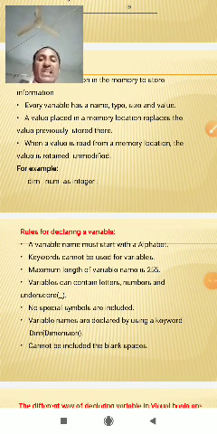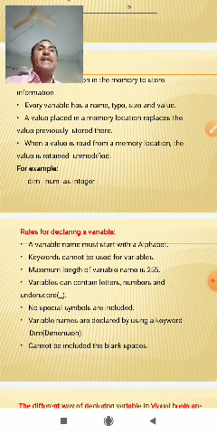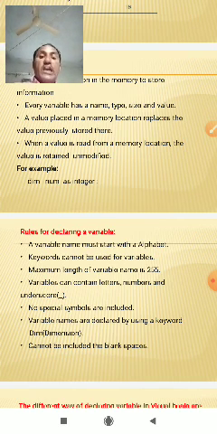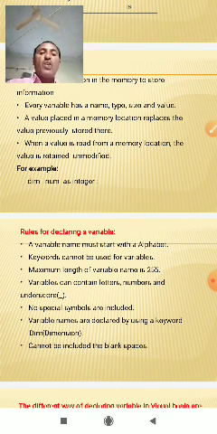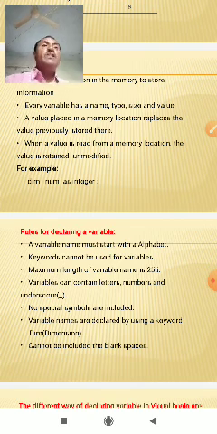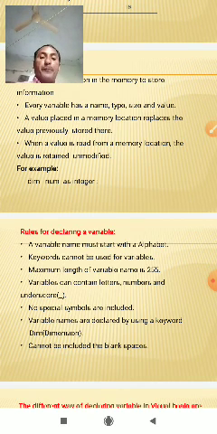The rules of declaration: the variable name must start with an alphabetic character. Keywords cannot be used for variables. The maximum length of a variable name is 255.